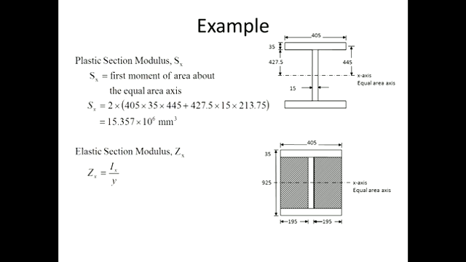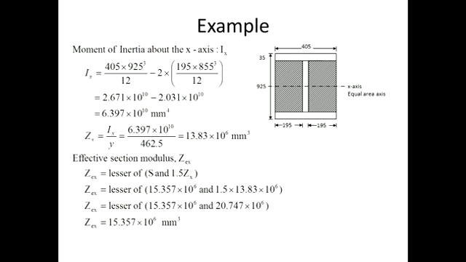And then we can also look at the elastic section modulus, which is I over y, and we can do that for a symmetrical section such as this one by looking at BD cubed over 12. So the whole, or the outer edges of the whole section, and we can subtract these elements here.